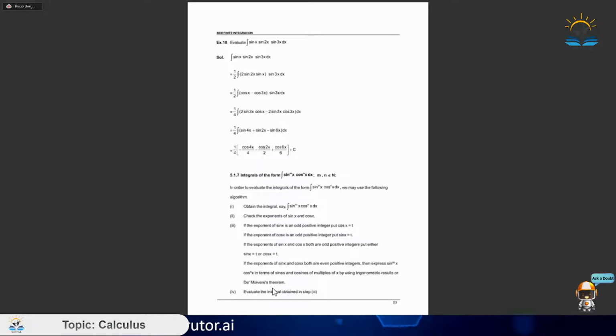This de Moivre's theorem is not directly in our course, so let us skip this part. The next step is to evaluate the integral obtained in step 3.